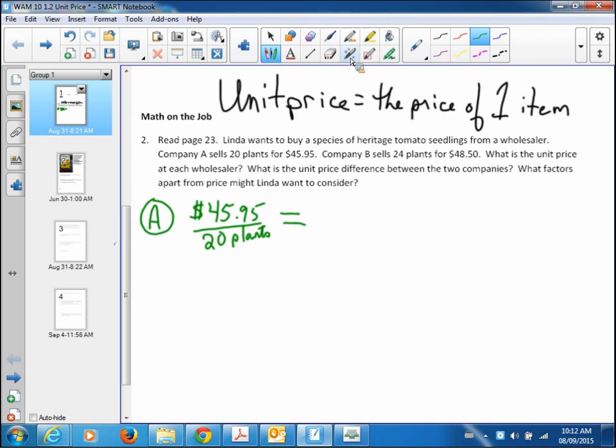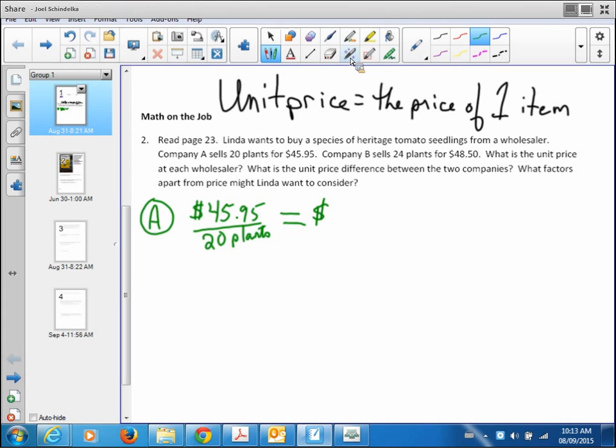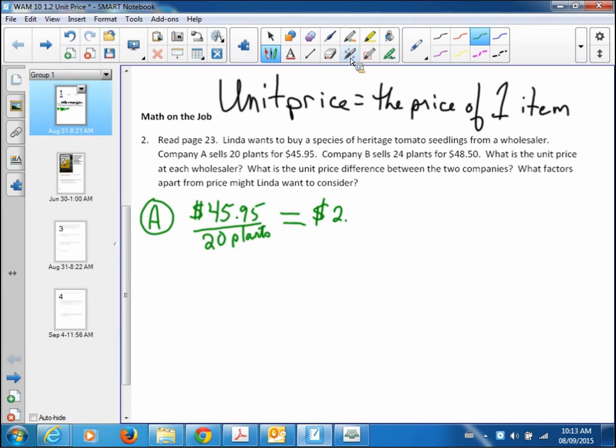And use rounding, because 2.2975 is what the calculator tells you. Well, we know you don't even use pennies anymore when you pay in cash, but 2.2975, well, that's no good. We always round to 2 decimal places if it's money.